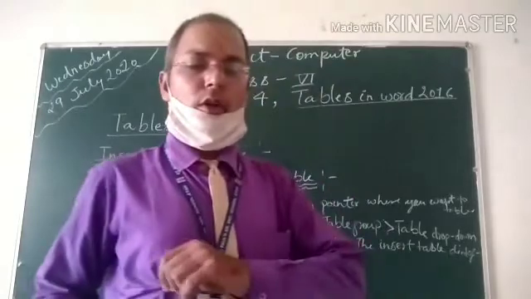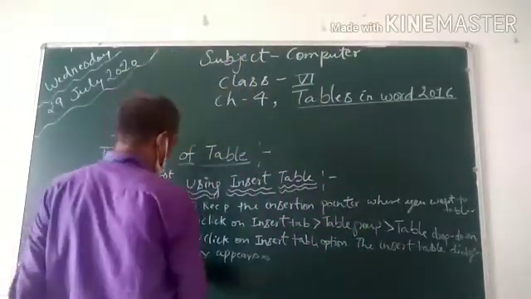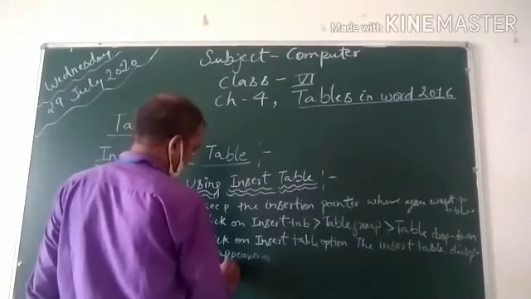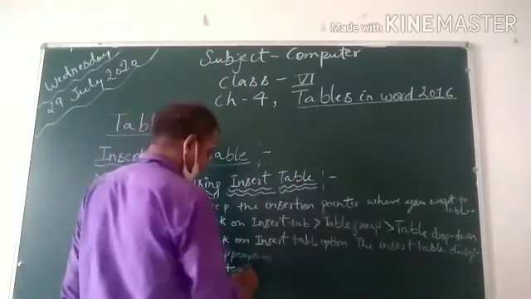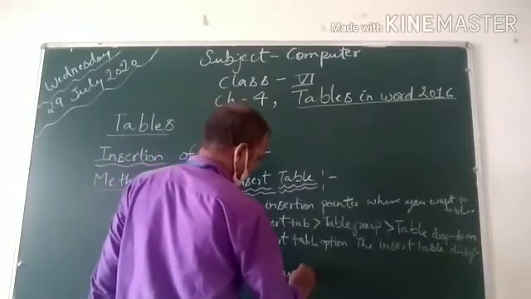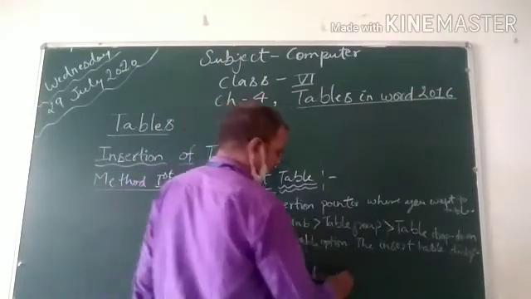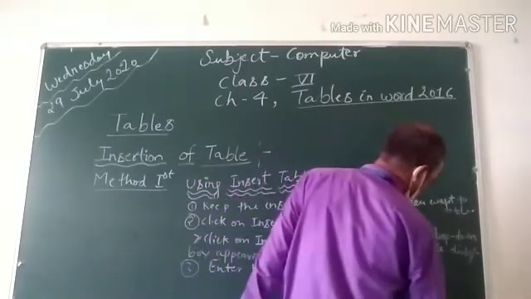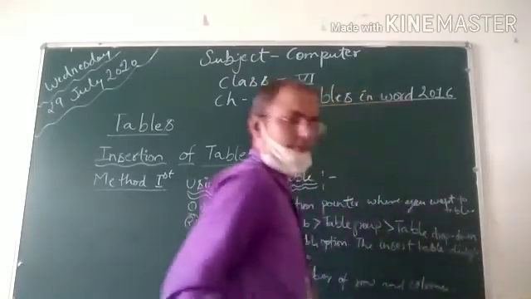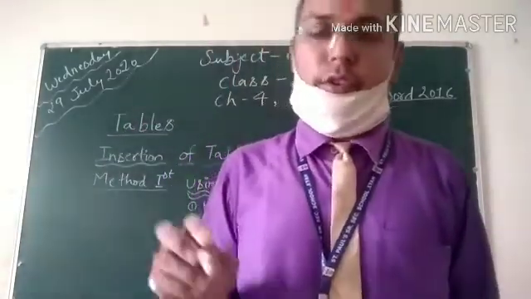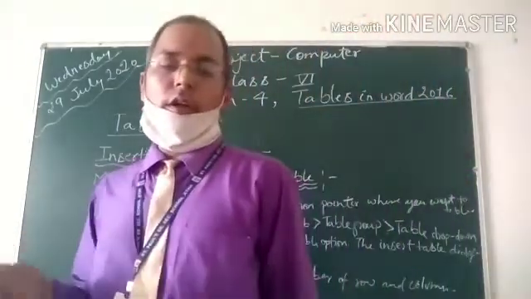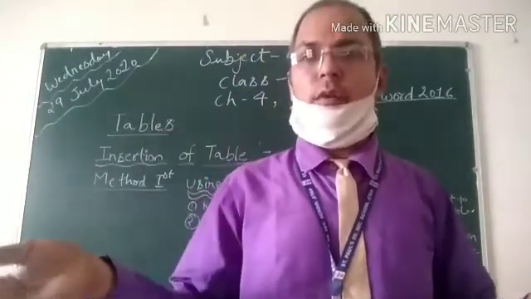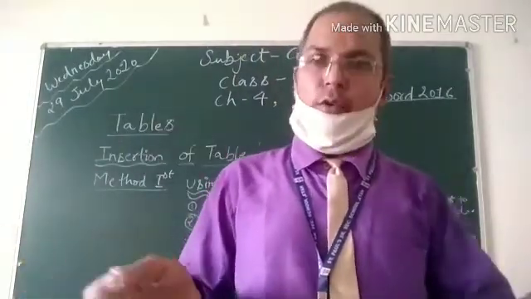Enter the number of rows and columns you want in the table: 2 rows, 2 columns, 2 rows, 3 columns, or 5 rows, 4 columns.